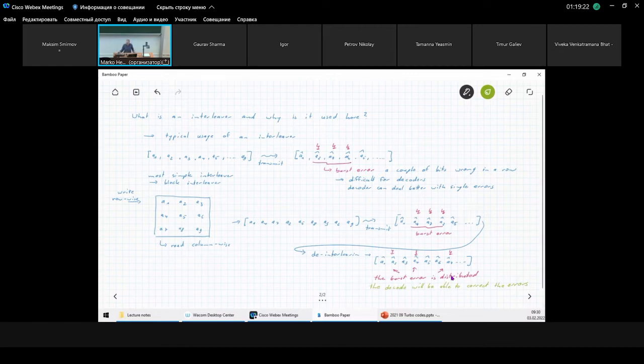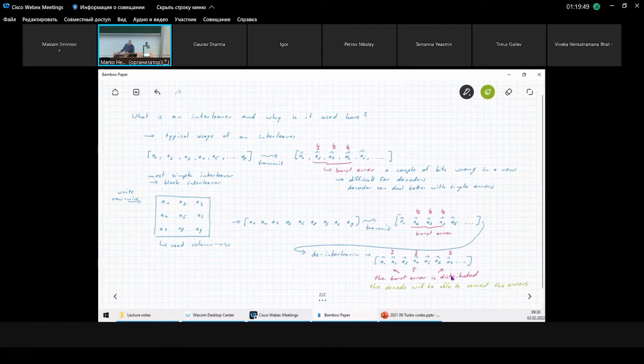Or just imagine you receive data and next to you somebody turns on his mobile phone, which does some signaling with the base station, so you might get some interference from the neighboring mobile. This might also cause this kind of burst type errors. And of course, in practical systems, larger interleavers are used, maybe like 1000 bits get interleaved.